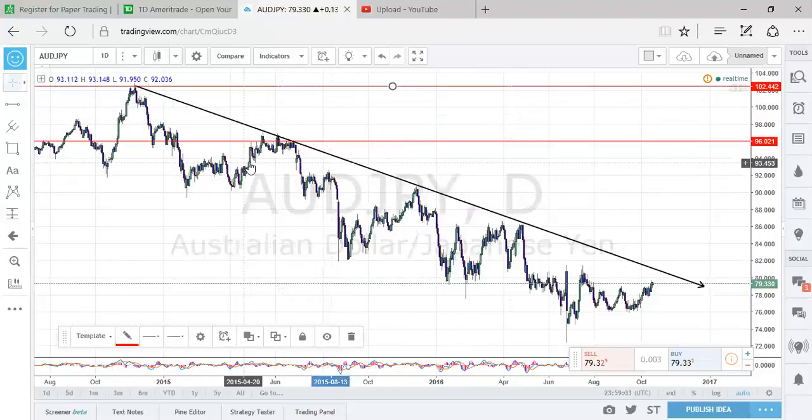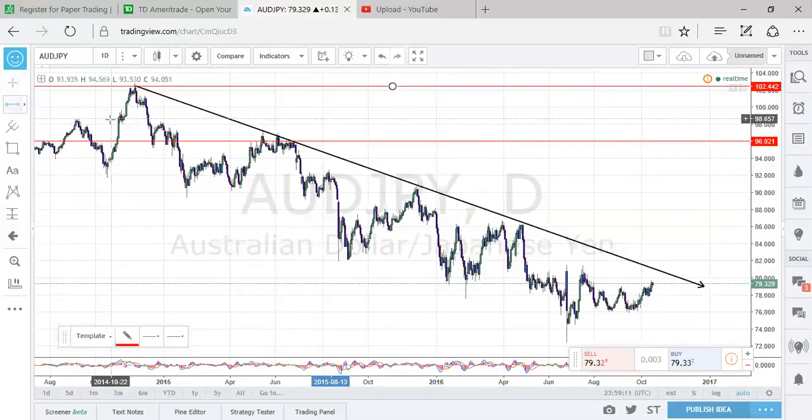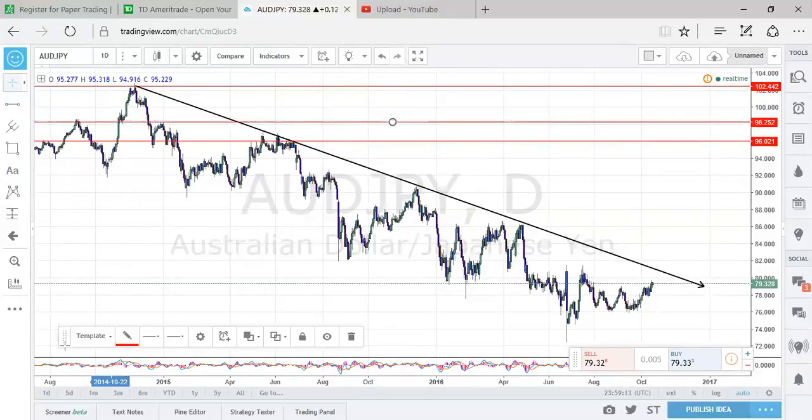So it would have broken here. Price broke here, would have retested to this next level, or this level. So this would be support, and then this would be the next resistance.